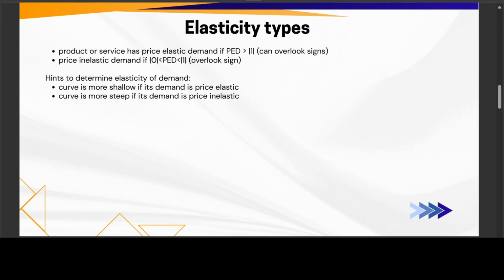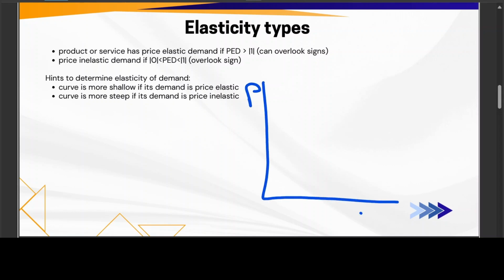So in graphs, you can use some hints to determine the price elasticity of demand without even calculating. Let's say you are given this graph. Here is price, here is quantity demanded. And let's say this is your demand curve. So what can you conclude looking at this?